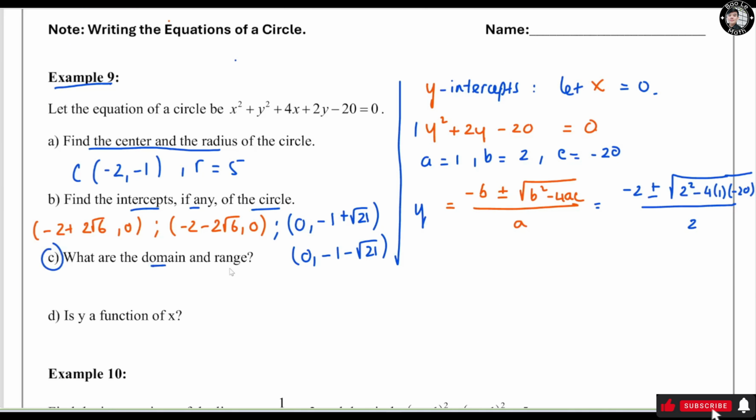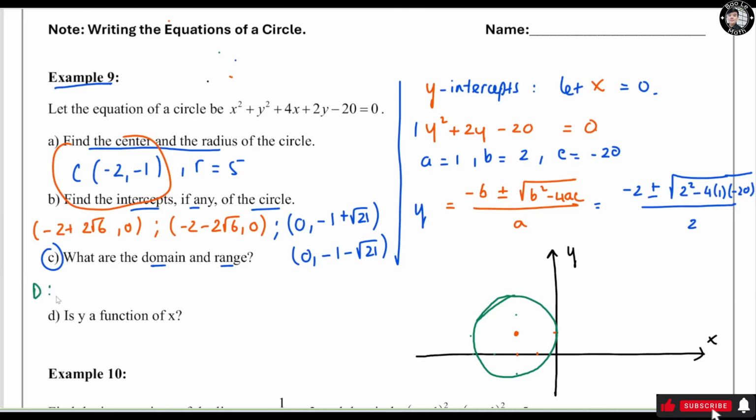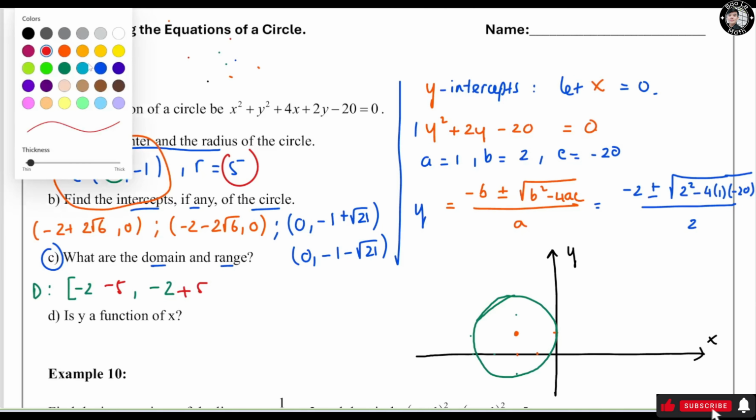What are the domain and range of this circle? So we're going to graph this circle. For the domain, we look at the x-coordinate of the center, which is right here. We have negative 2, subtract the radius, and negative 2, add the radius, right?